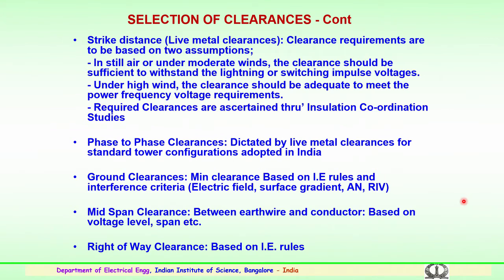So, whatever the designed or estimated clearances, including the metal parts and the clearances phase to phase or to the tower, in case of lightning activity or switching activity, it has to be able to withstand these surges. Under high winds, the clearances should be adequate also to meet power frequency voltage requirements.